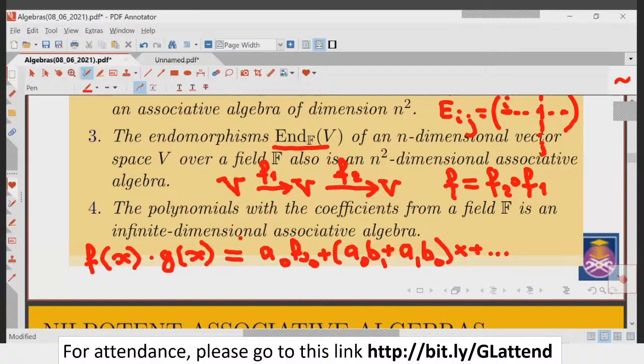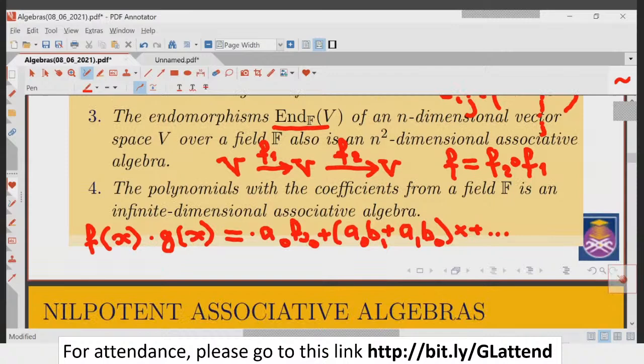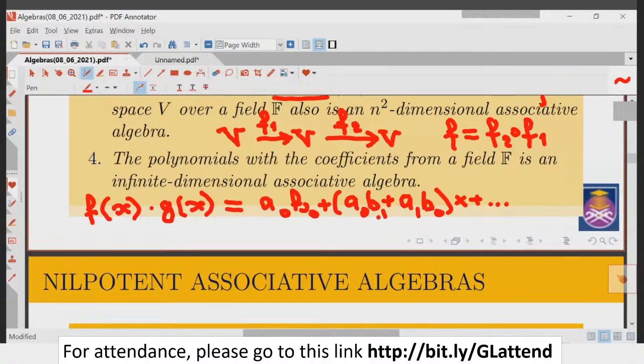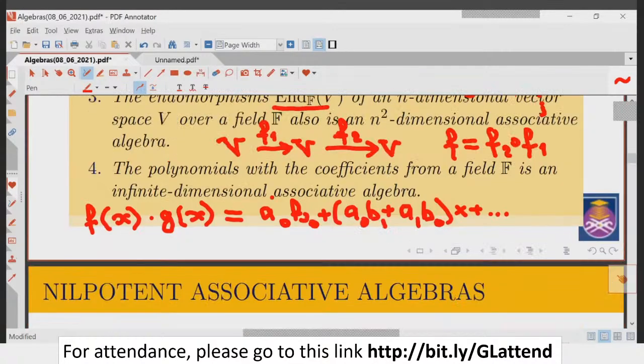The product of two such polynomials is a polynomial again: if the a_i and b_j are from F, then under these combinations you also get elements of F. So the resulting polynomial has coefficients from F. This product operation is associative. It is the usual product: you can take another polynomial h and multiply, and compare with multiplying f by the product of g and h. The result will be the same. That's why this is an example of an associative algebra.